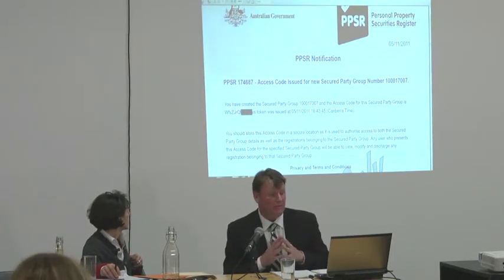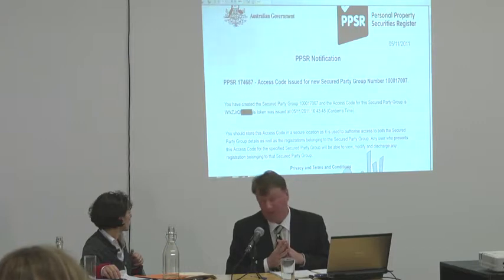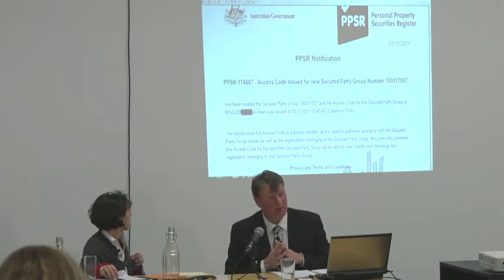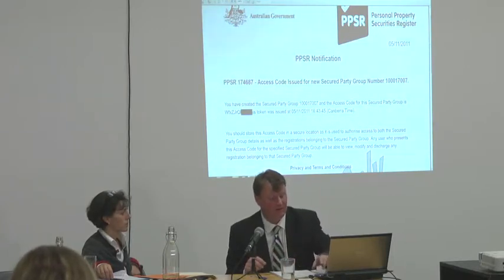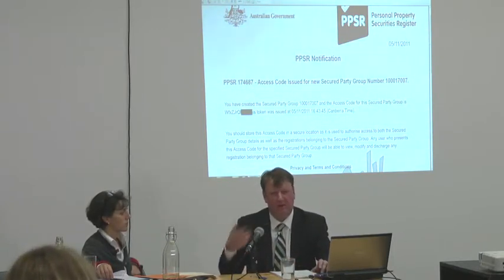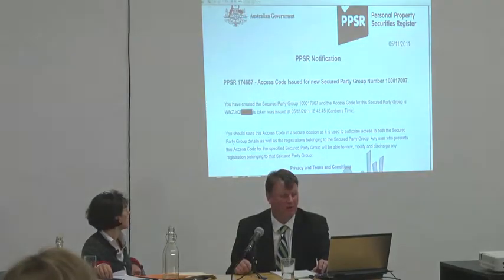It'll attach a document which says you've created this new secured party group and here's the number of it, and it'll give you a series of characters, which is basically a password, which will enable you to view security interest registrations against that secured party group in the future. So with these emails that the system sends you, we recommend that you do keep those in a safe place because you might need to refer to them again in the future.